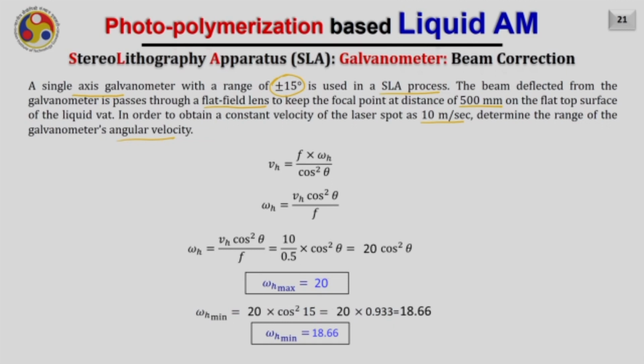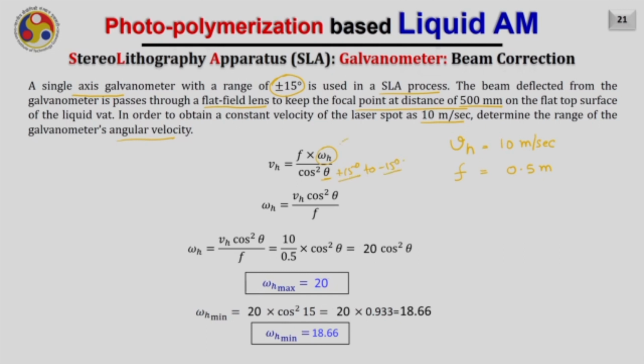So, what is given to us? It is given that the velocity Vh should be constant and it should be 10 meter per second. It is also given that the focal point is at a distance of 500 mm, means the focal distance f is equal to 0.5 meter.